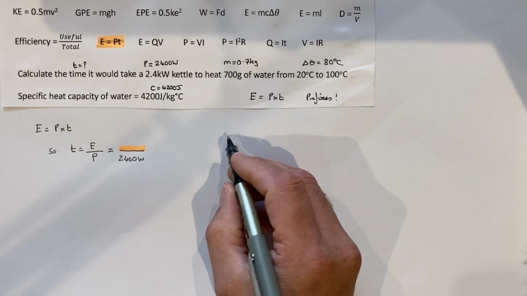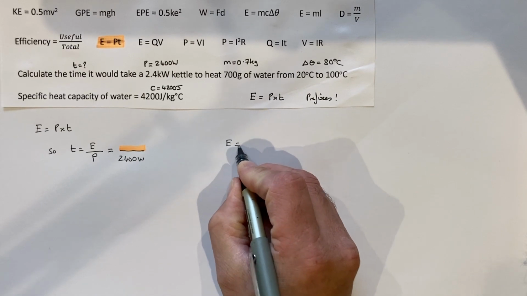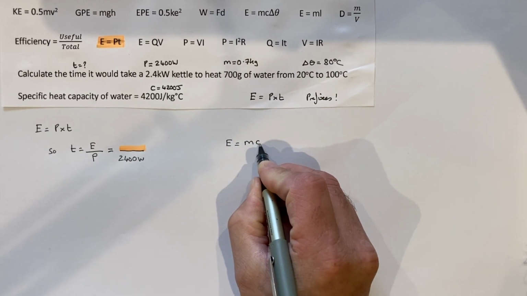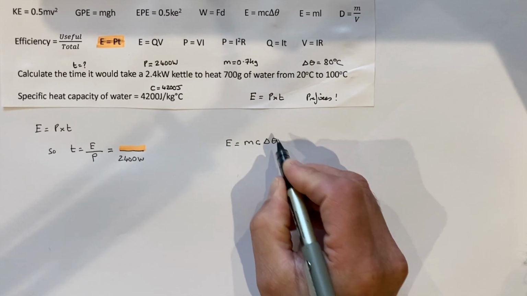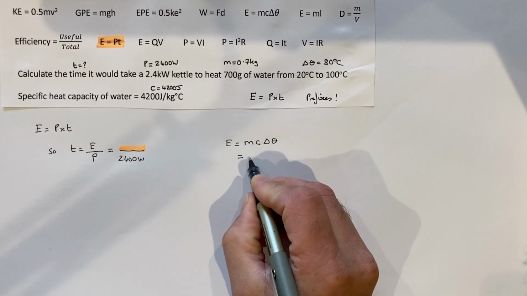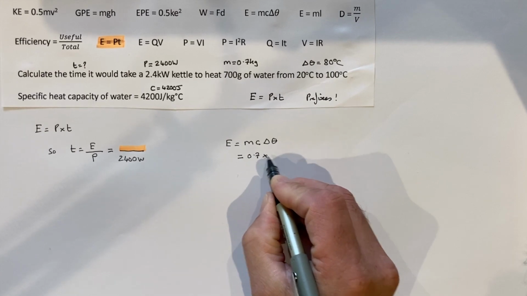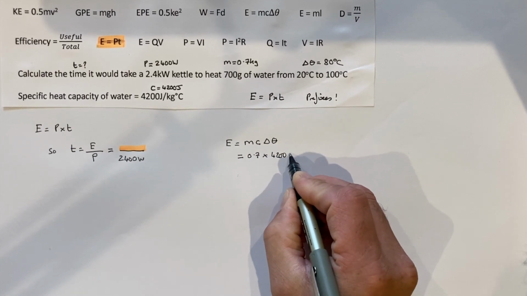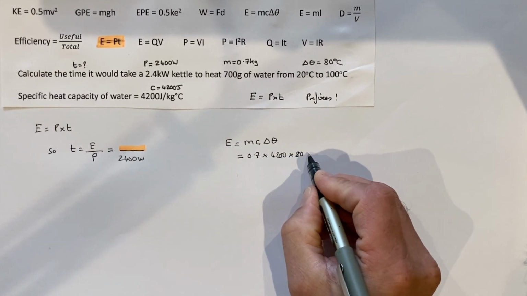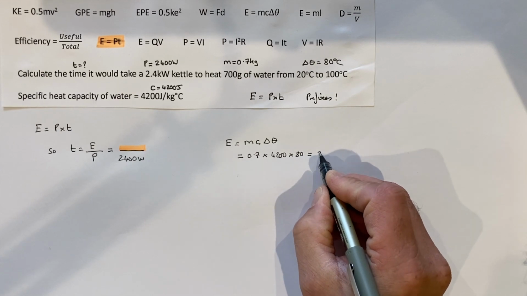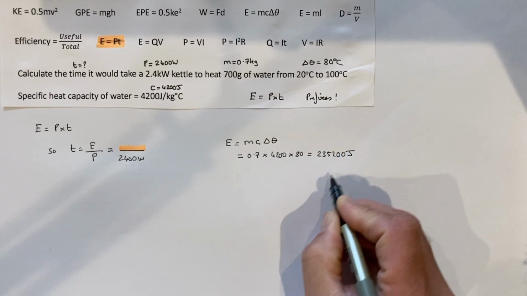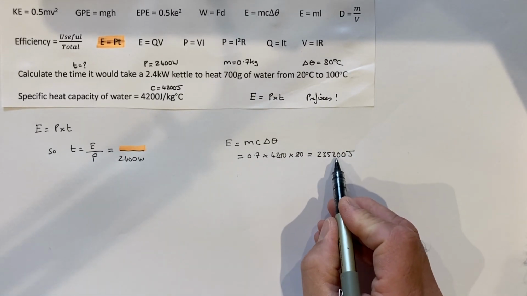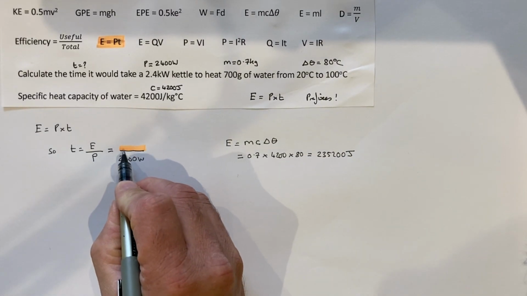Of course, that is energy equals mass times specific heat capacity times the temperature rise. So now I'm going to put my values in. I've got 0.7 times 4,200 times 80, and that gives me that many joules. I can now put that into my equation here.